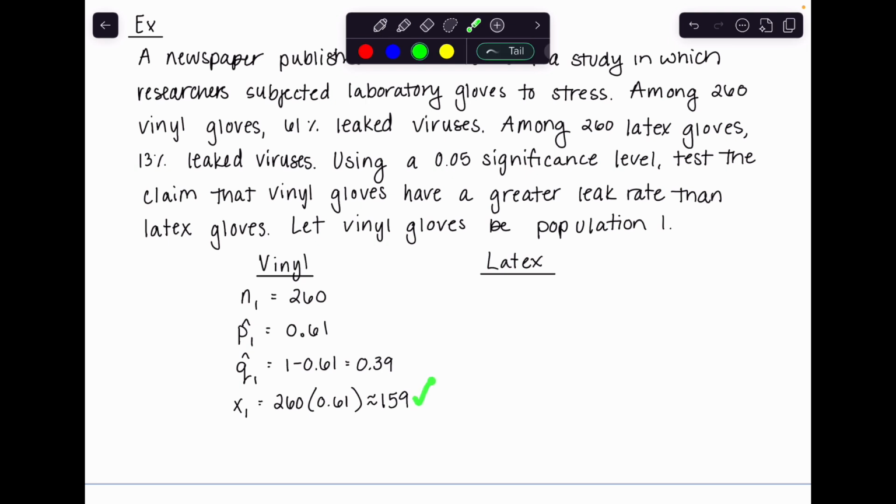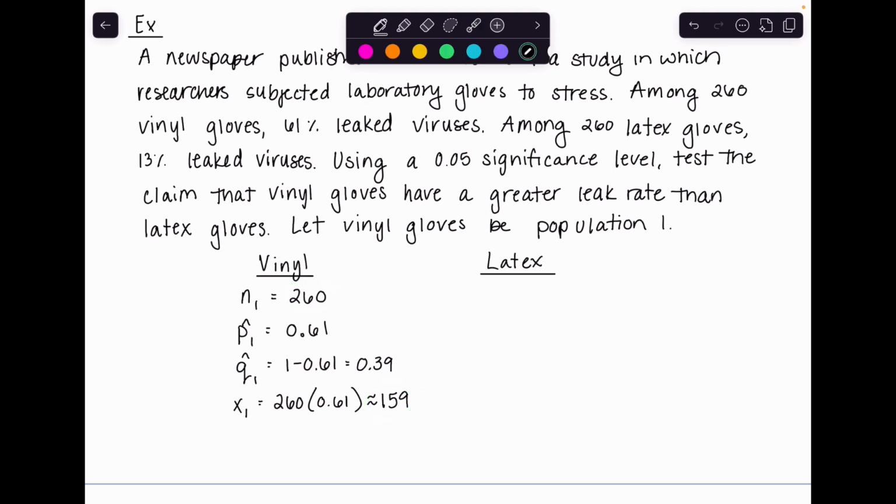And what I needed is I needed this to be greater than 5, and fantastic, that is. So we also need N times Q to be greater than or equal to 5. But 260, 159, there's 100 left over that didn't leak, so I'm good there.